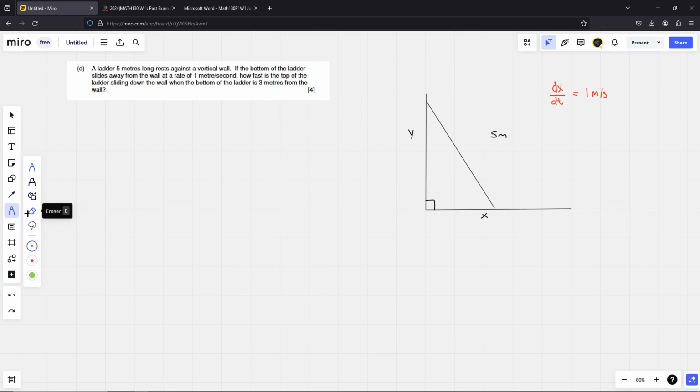So let's arbitrarily say that this is 3 meters away from the wall, and it's sliding away at this rate, and all they want to know is how fast is this part sliding down. So let's get into the solution.